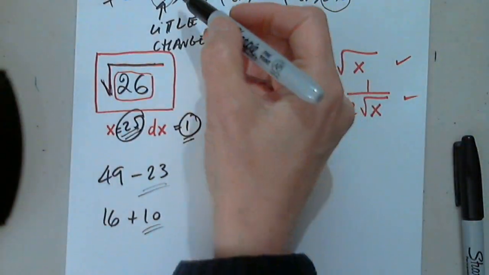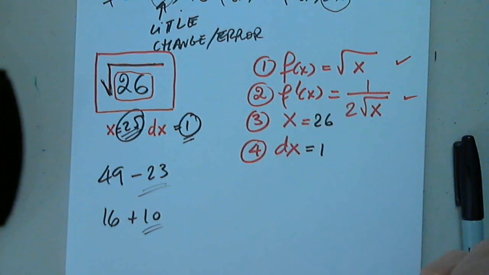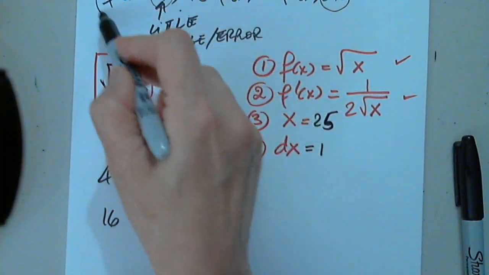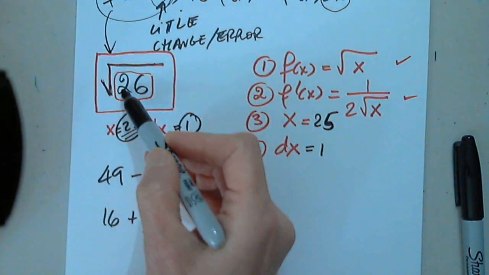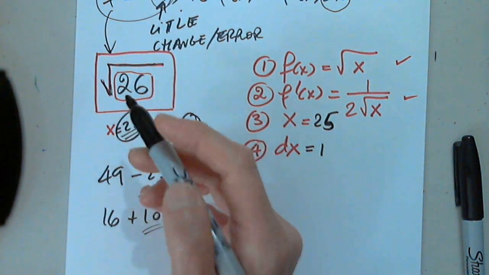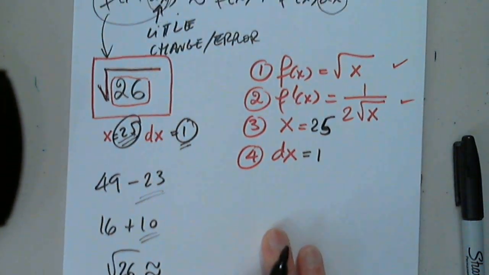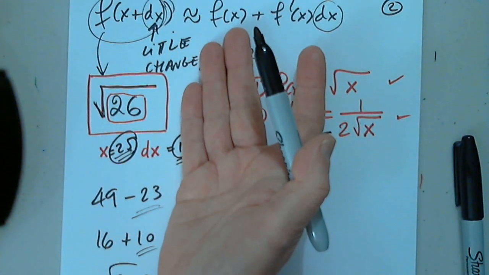Let's do it. It is 25, right? So of course this is the square root of 26. So then the square root of 26 will be approximately. What will you fill in?